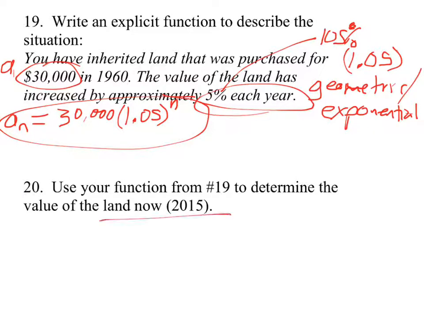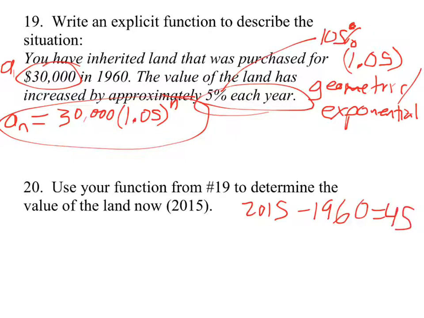You need to determine the land now, which is 2015. 2015 is 45 years after the initial purchase. And so if we used just n here, we would just plug in 45 because there are 45 years since the start.